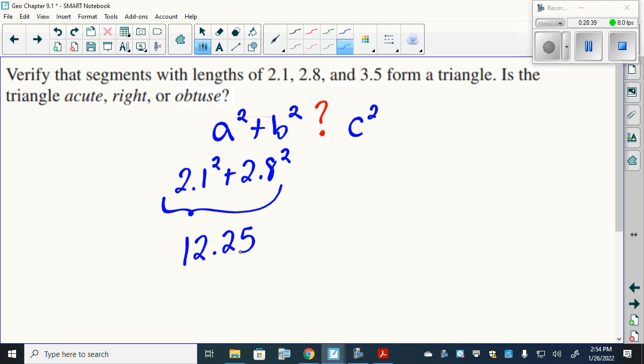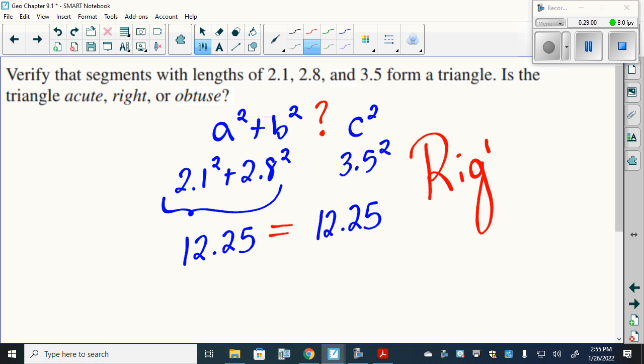Now the value of c here is 3.5, and if we take 3.5 squared, we get 12.25. So which one's bigger? Well, they're equal. So this is right, because if they're equal, then it is a right triangle. If c squared's bigger, it's obtuse. If c squared's smaller, it is acute.